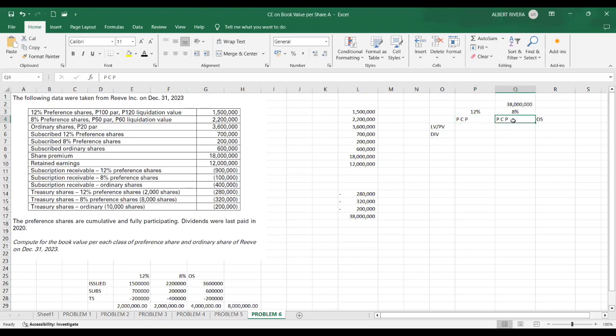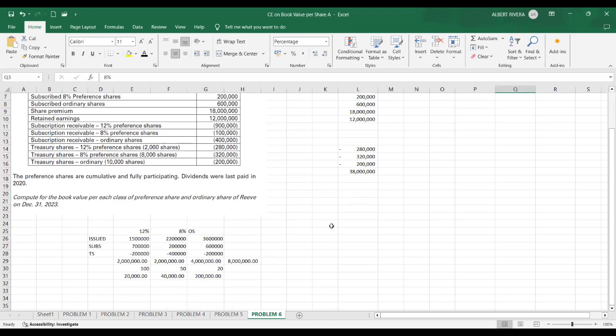Same here. Okay, preference are cumulative and fully participating, but they have different rates. Okay, this is 12% and this is 8%. 12% and 8%. Okay, requirement, compute for the book value, but before that, let's have this because it's complete now, right?